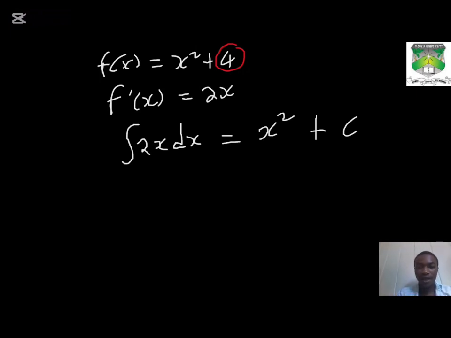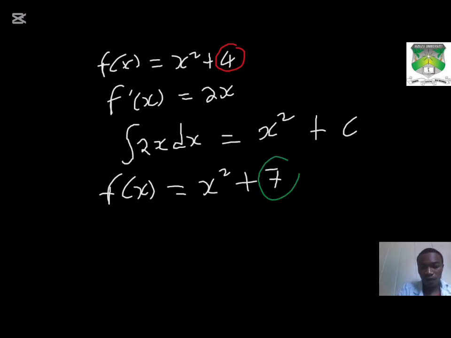Okay, let me show you another example. We have f of x is equal to x squared plus 7. Once we differentiate it, we'll have 2x, but the constant is not there, which means when we integrate it, it just gives us x squared.